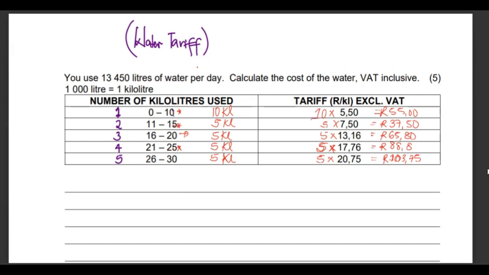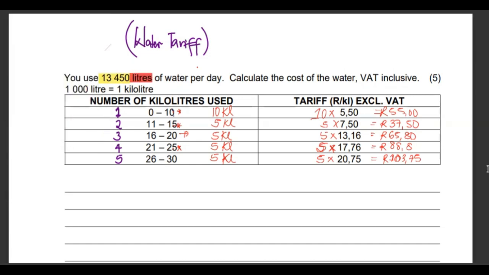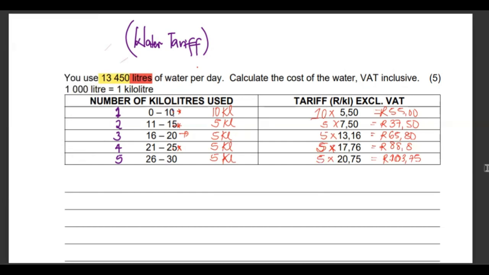Now, this scenario talks of a person using 13,450 liters. These are liters, they are not kiloliters. But in the table, we have kiloliters.